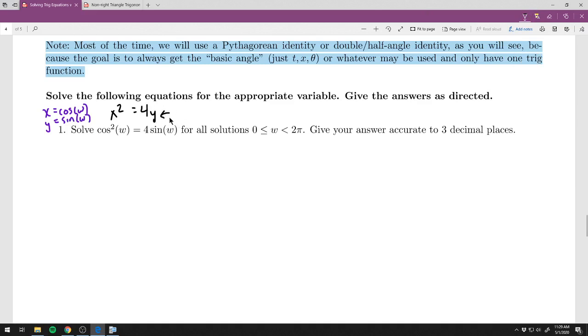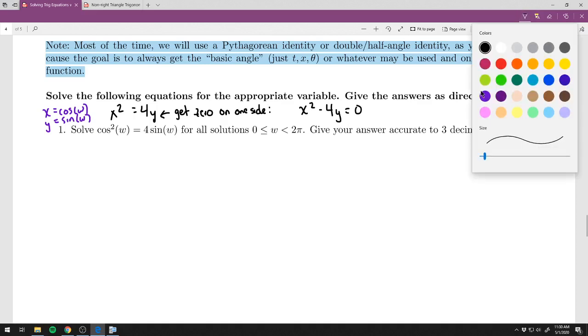And now if you get 0 on one side, which is still what we want to do, we still ultimately want to factor or use the quadratic formula. Then, excuse me, if we want to get 0 on one side, what we have to do is subtract the 4y. That's one way to do it. And we get x squared minus 4y equals 0. Okay.